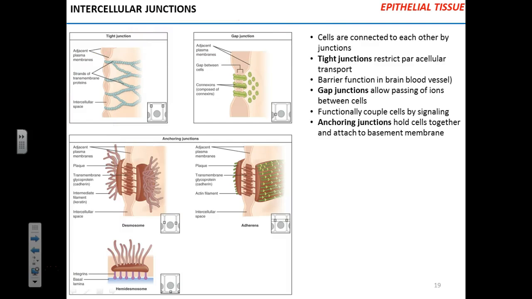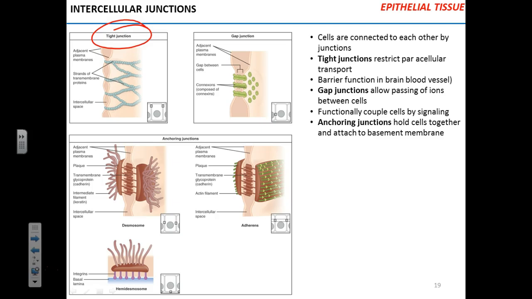Now, epithelial cells, since they represent the barriers, are connected by so-called junctions. Junctions can be of three different types. One is tight. So a tight junction prevents any sort of transport across the layer of epithelial cells.